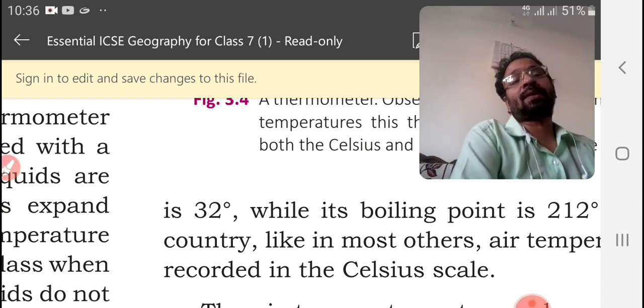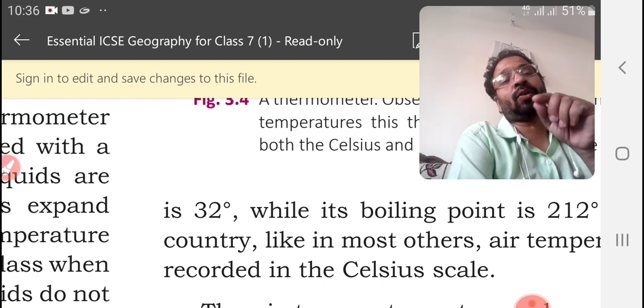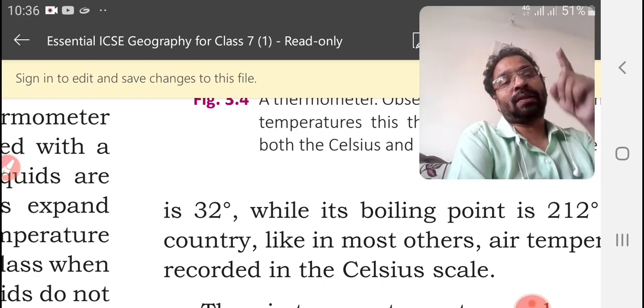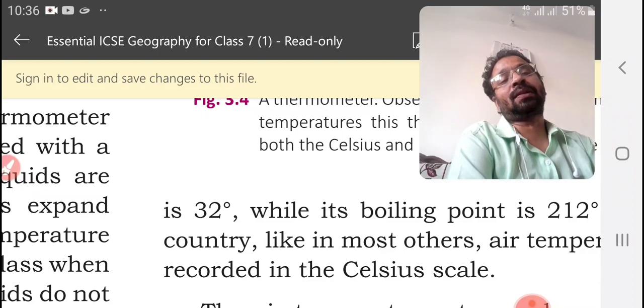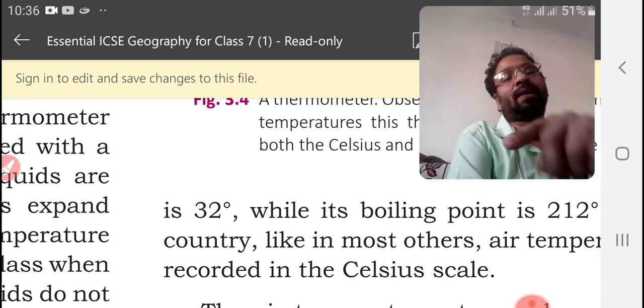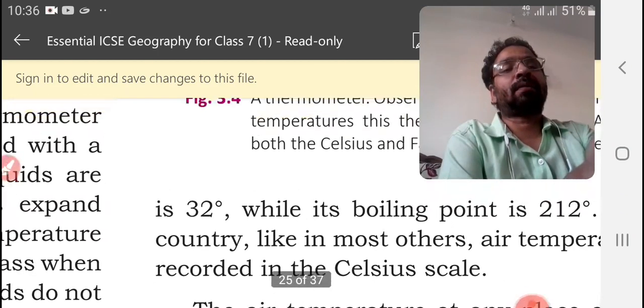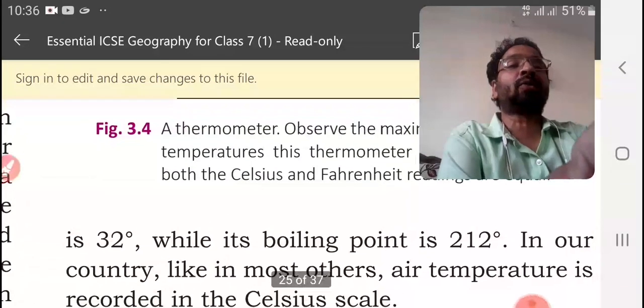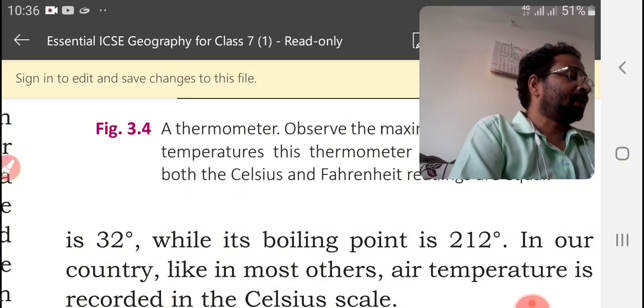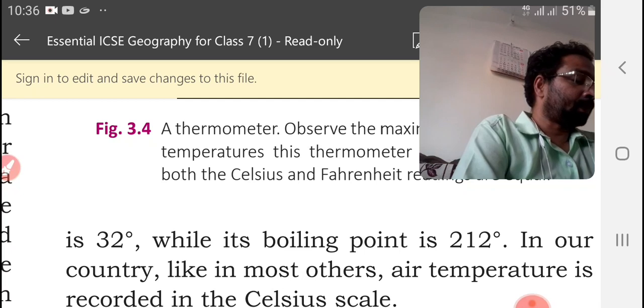So what was the situation on the Celsius scale? 0 degrees freezing point. At the same time on the Fahrenheit scale, it is 32 degrees.